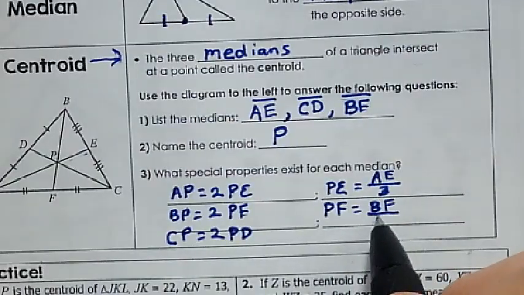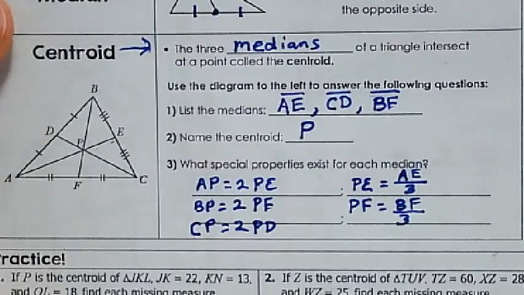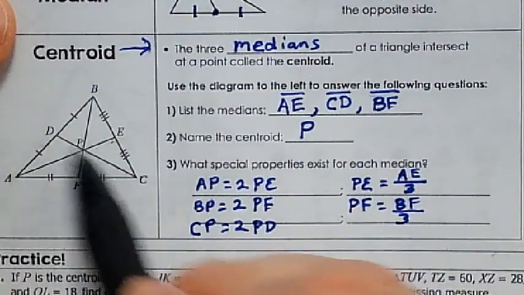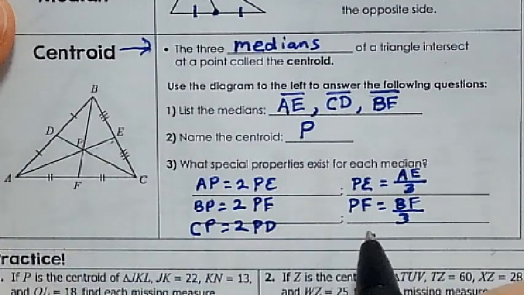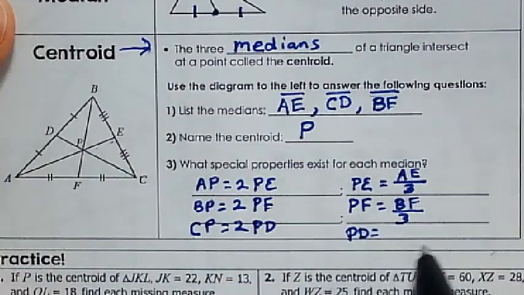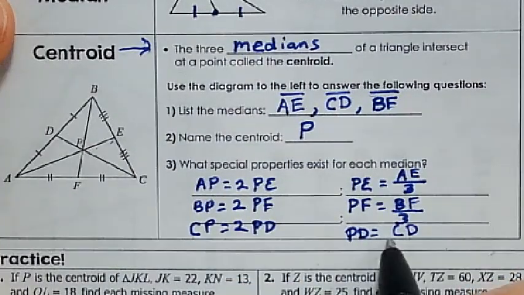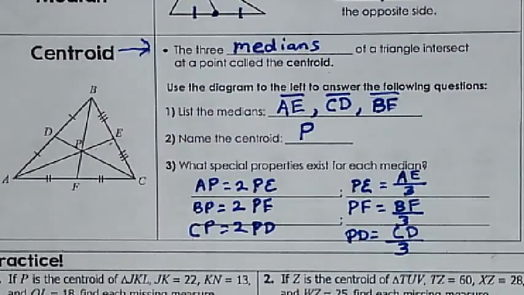And then let's look at CD. What's the short side of CD? Okay, so that means that the distance from P to D equals the entire median CD divided by what? 3. And now we're going to put those concepts to use so you could actually function independently.